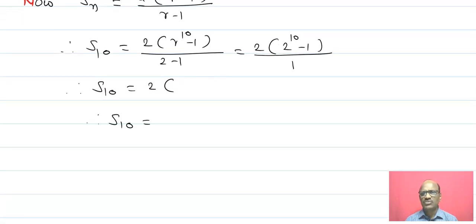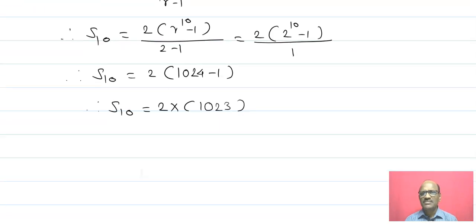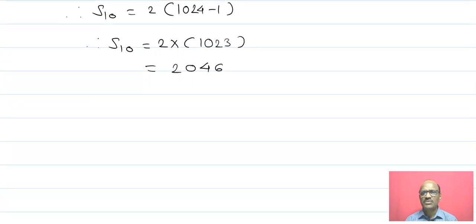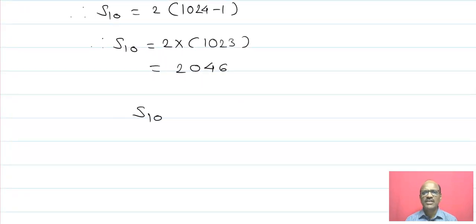We will substitute the value of 2 raised to 10, that is 1024 minus 1, and their multiplication now, that is 1023 into 2, that is 2046. Therefore S10 is equal to 2046.